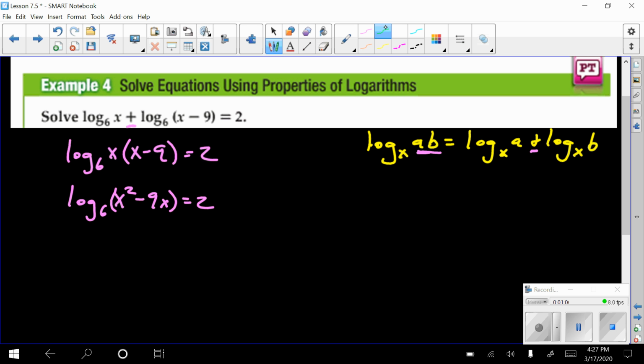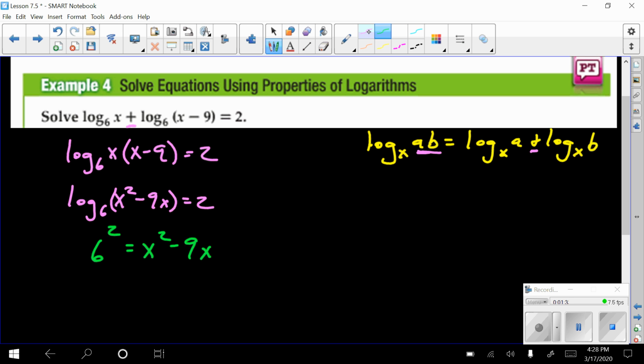From here, it's not always known where do I go, but we do know that we like working in exponential. So if you don't know how to deal with something in terms of a log, you might want to think about changing it to exponential. And if I change it to exponential, I'm going to have 6 as my base, 2 as my exponent, and that's going to equal x squared minus 9x.